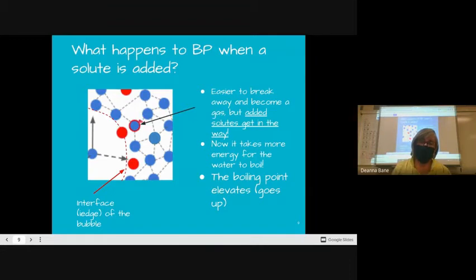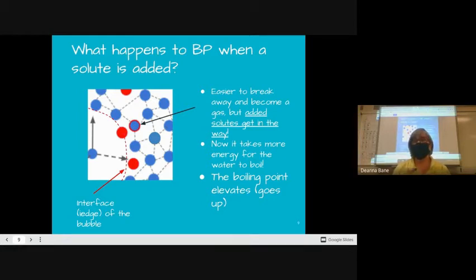And here's that water molecule that was poised to enter the gas phase a little more easily than the others. But now with this sugar molecule right here, the solute gets in the way. So now it takes more energy for the water to boil, because not only does it have to break these hydrogen bonds, but it also has to get past the solute particles to get into the gas phase.